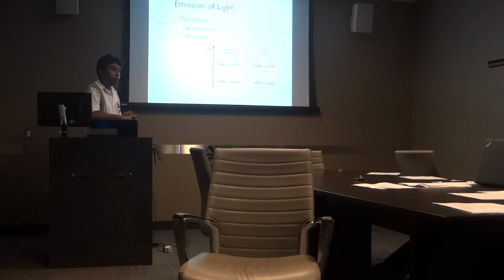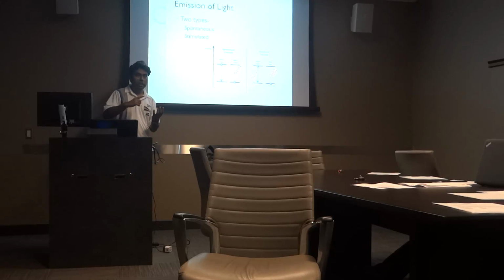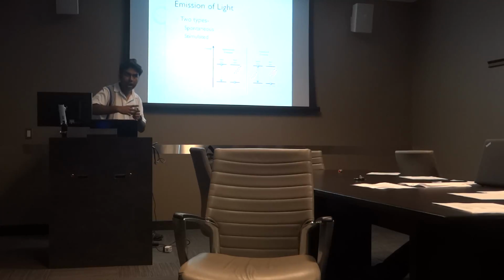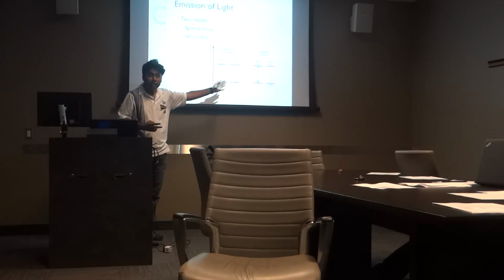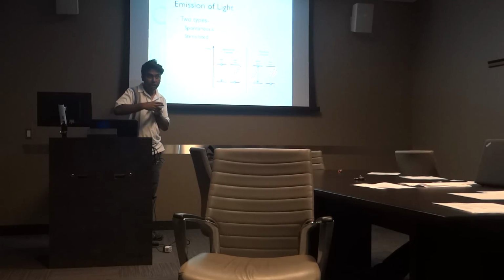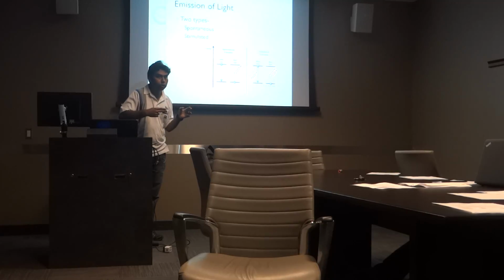But what is stimulated emission? Stimulated emission is when one photon comes and stimulates another electron, which relaxes down to the valence band, so that at the output we get two photons: the incoming photon, and the one emitted from the relaxation of the electron. So in this case, we have one incoming photon and two outgoing photons.